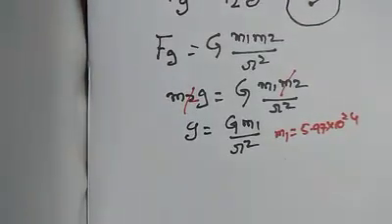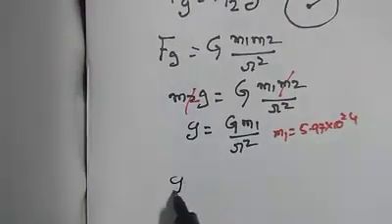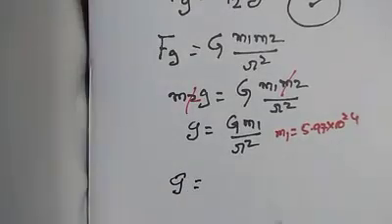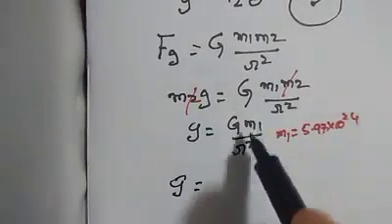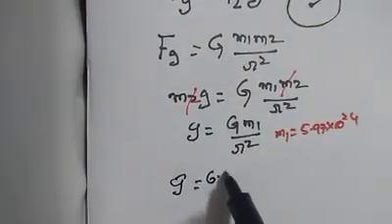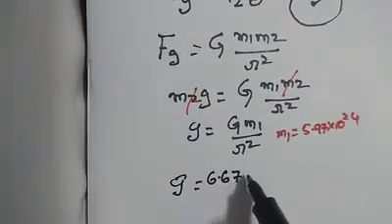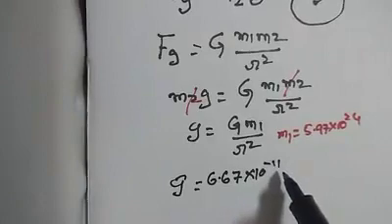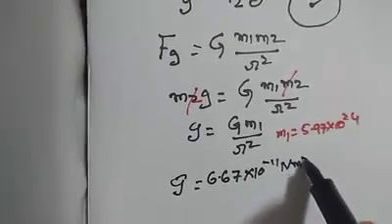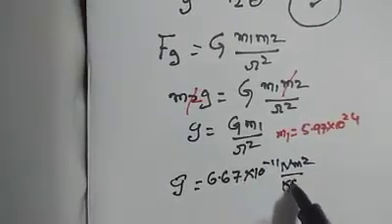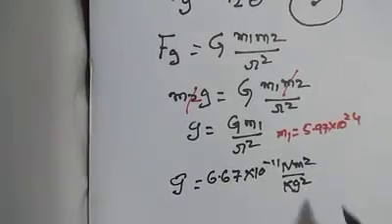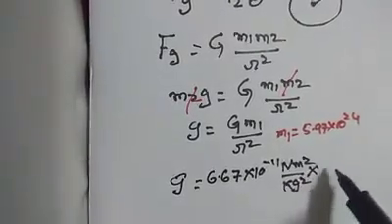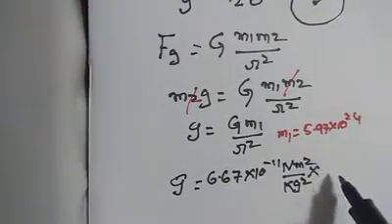So I can quickly write the equation as g, which is what we are trying to find, the gravitational acceleration of Earth, equals capital G, whose value we already know: 6.67 times 10 to the power minus 11 Newton meter squared per kilogram squared. Note that I am omitting the further calculations right now, but units are extremely important.